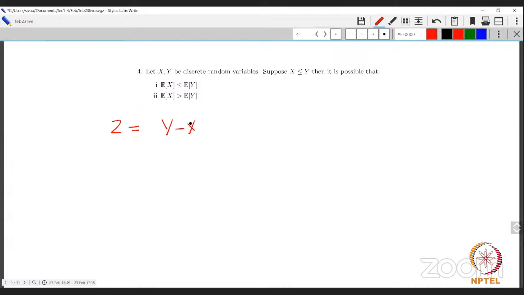Can z be a negative number? Z is non-negative, right? Very good. So the range of Z is the set of all real numbers for which Z is non-negative. That we know, right?